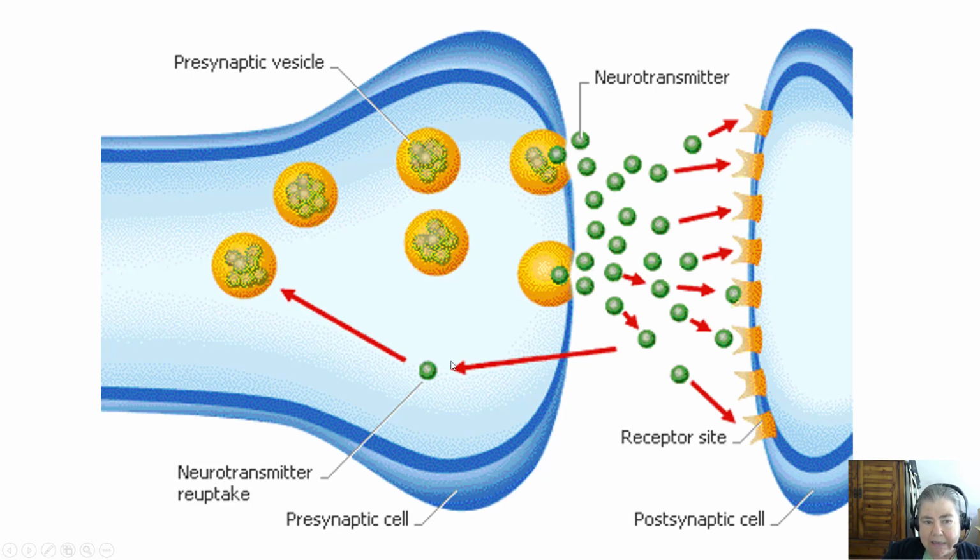Those neurotransmitters might be taken back up into the presynaptic cell and restored in vesicles, or they might be deactivated in the cleft.